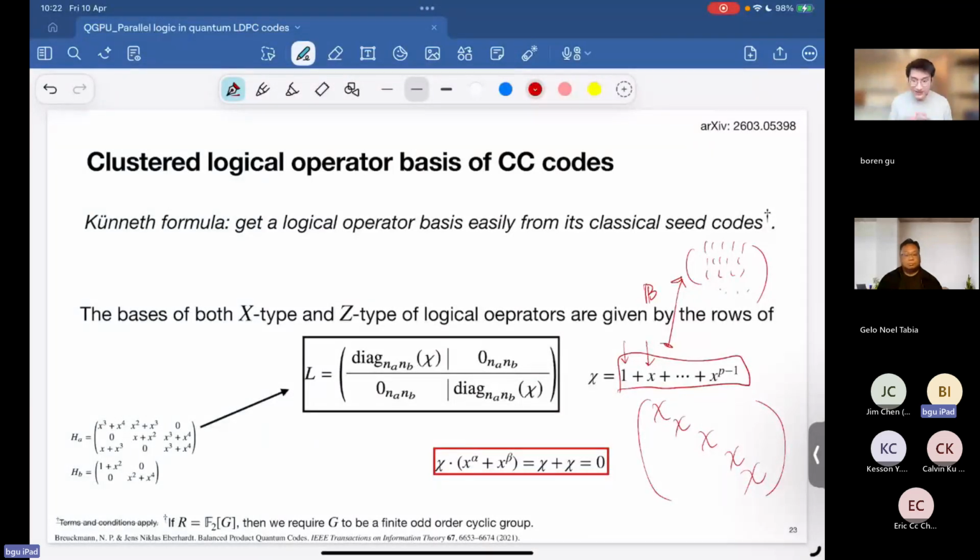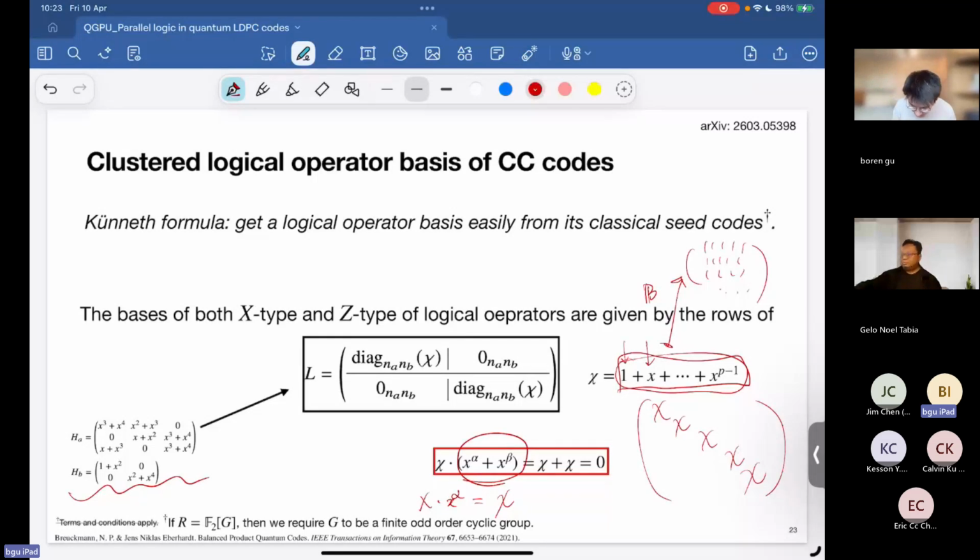And what is nice about the binomial limitations is that there is a very obvious rule that for any monomial taking such a form, say we get this chi multiplied by x alpha always equals chi itself, because no matter if you apply this x to the power of alpha as a shift for the whole full monomial, it will always just rotate or reorder each term, and you still get the same thing.